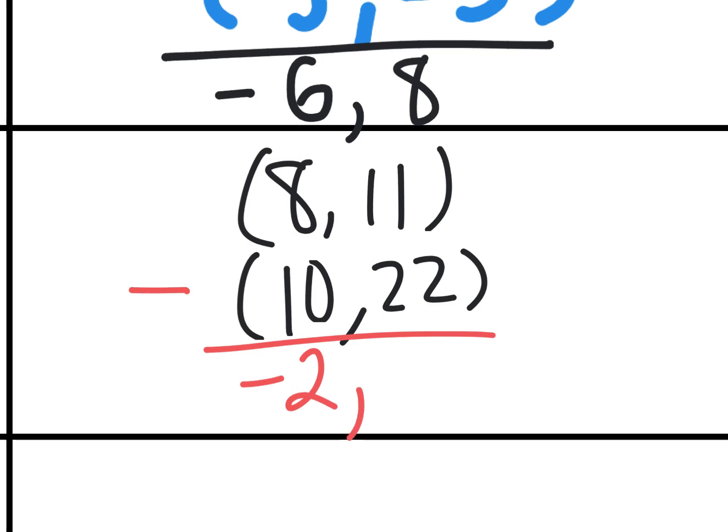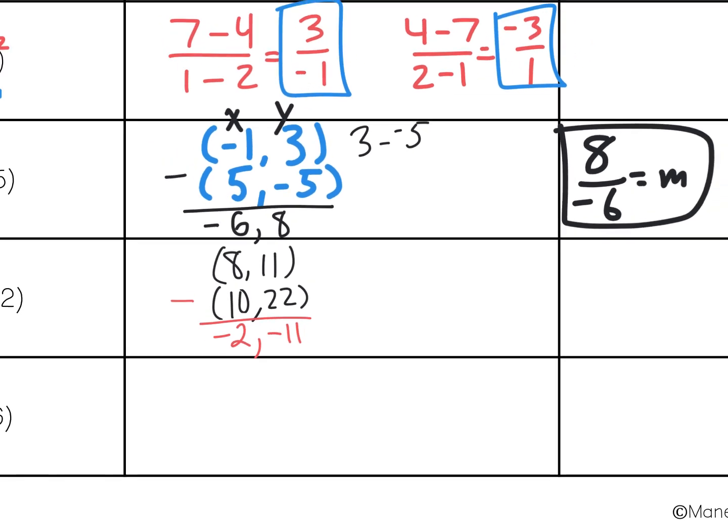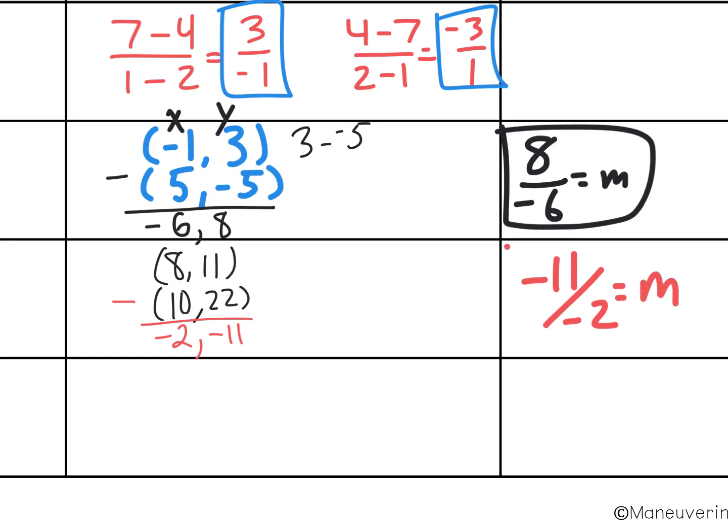Negative 2. And 11 minus 22? Negative 11. And so we do y over x, negative 11 over negative 2 equals m. And of course, we all remember that a negative divided by a negative is a positive. Okay.